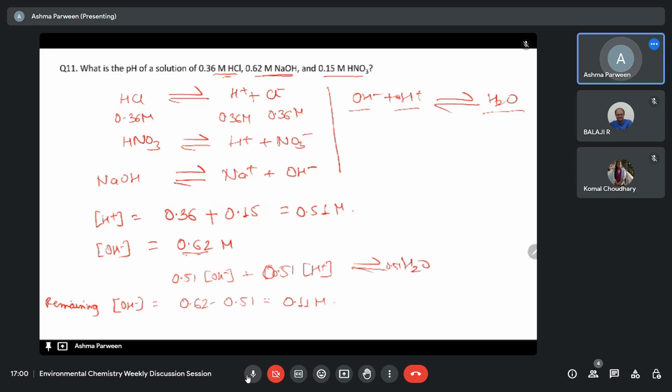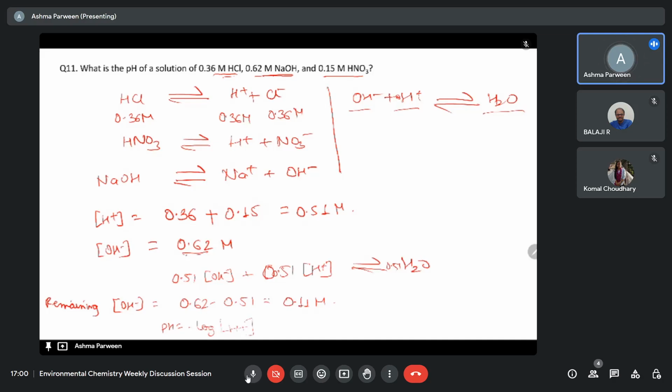And we know that pH is minus log concentration of H plus. So we can convert this OH minus into H plus, or we can find out pOH and subtract it from 14, and we will get the pH.